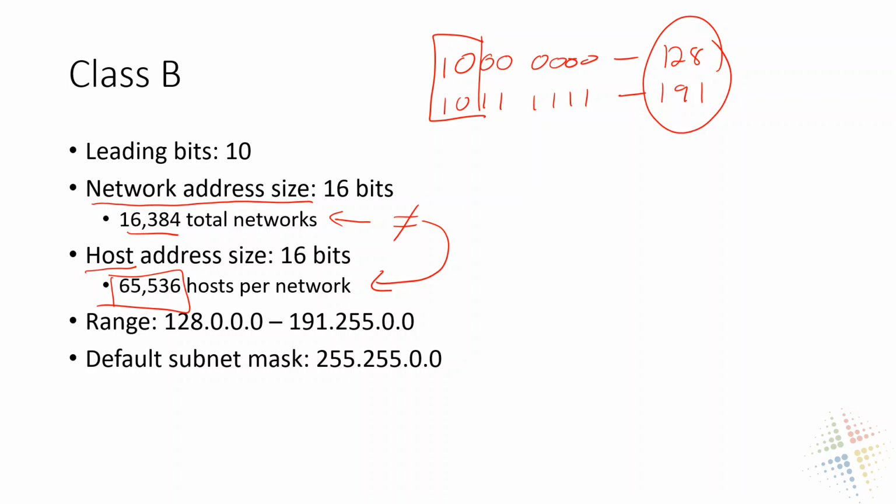So, range 128.0 through 191.255. Notice we're looking at 2 separate octets here, 2 blocks, 2 bytes of addressing, or 16 bits of addressing here. And then that same 16 bits is the 255.255.0.0 for the Class B.